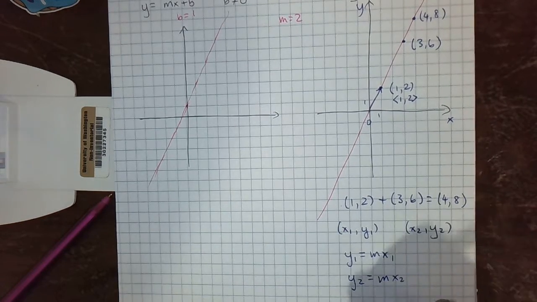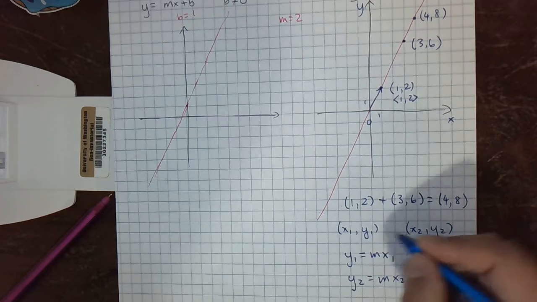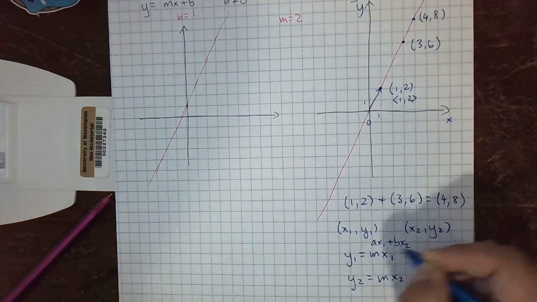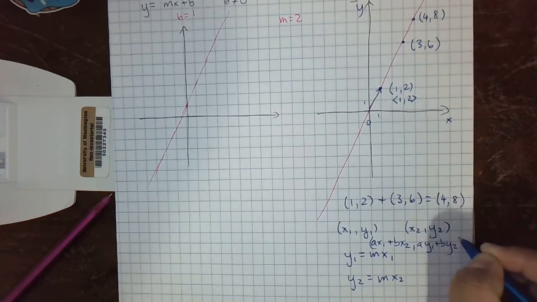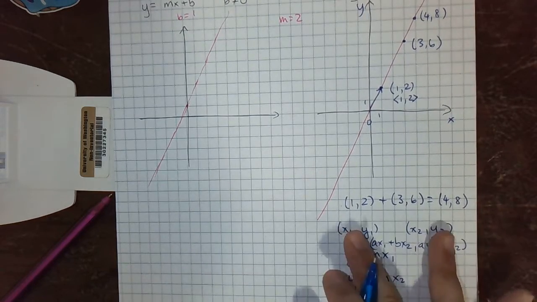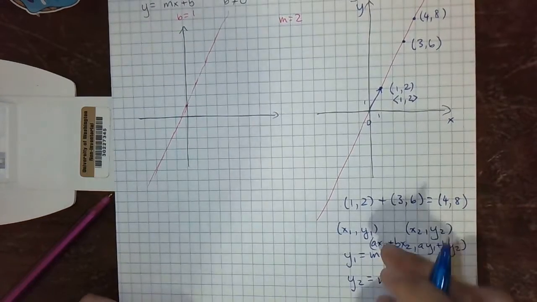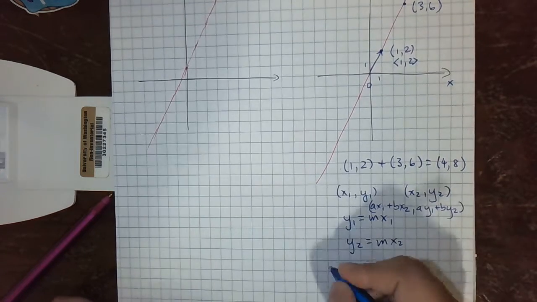If I add these two equations together, and actually, maybe I'll even multiply. So I'm going to look at the point a x1 plus b x2, comma a y1 plus b y2. That's a linear combination of these 2 points. It's a times the first one plus b times the second one. Then I can do that to these equations, right? I can take a times the first equation plus b times the second equation. That's still going to be an equation.